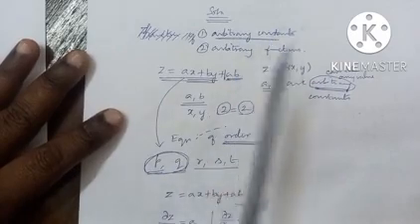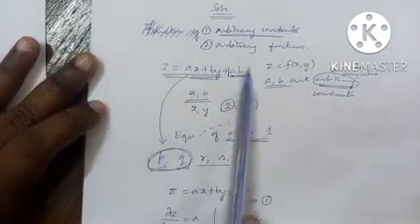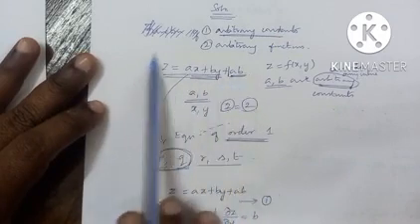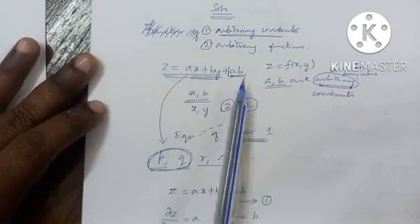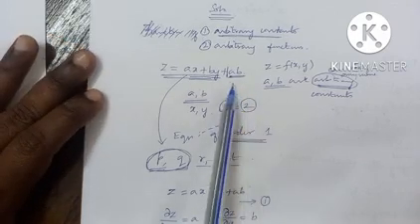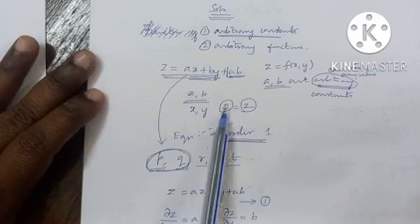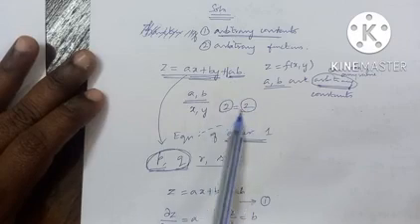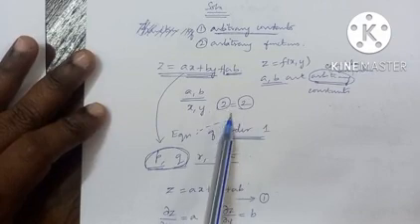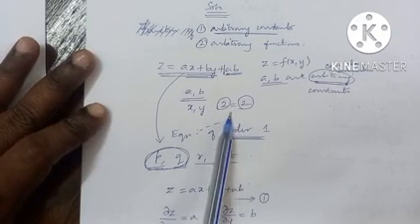You can see a and b are arbitrary constants in this question. Before doing any problem, first check whether the number of independent variables and the number of arbitrary constants are the same. If they are the same, our answer will be a partial differential equation of first order.